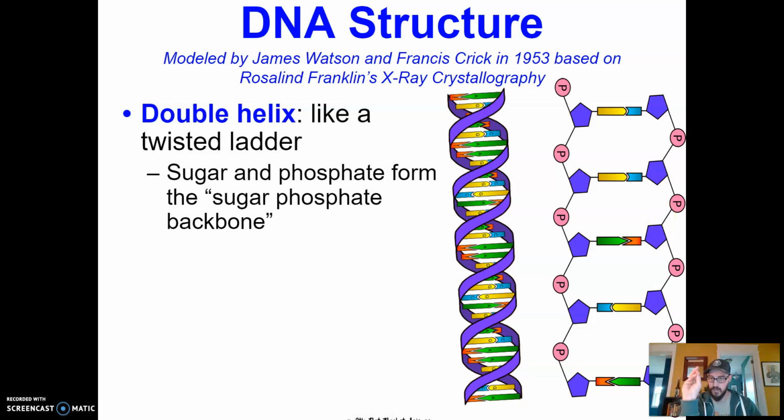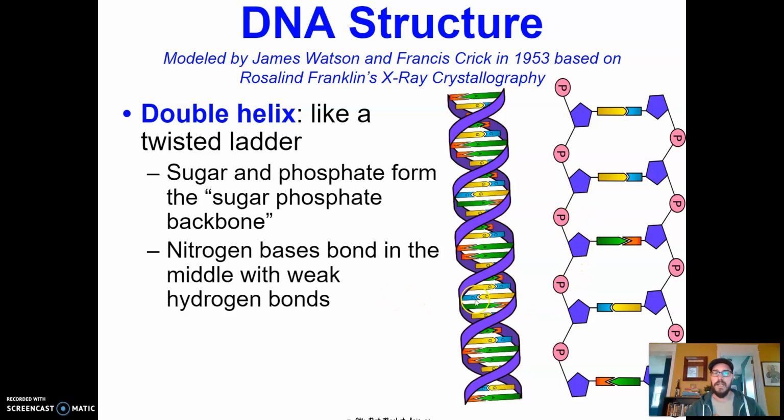One's all twisted up, the other one's nice and flat. So you can see here DNA has the sugar phosphate backbone. So phosphate, sugar, phosphate, sugar, phosphate, sugar, phosphate, sugar. And then you can see that our nitrogenous bases are here in the middle. All right.